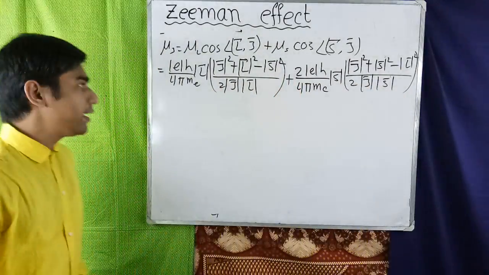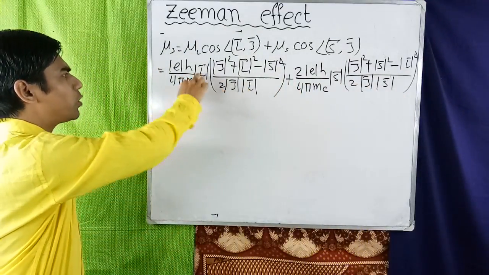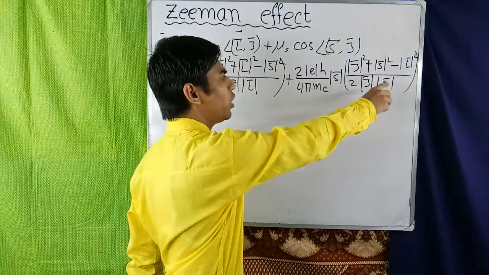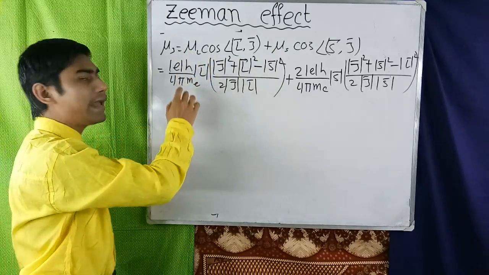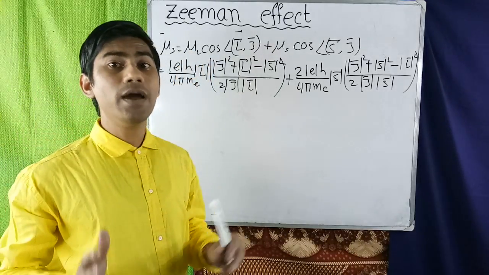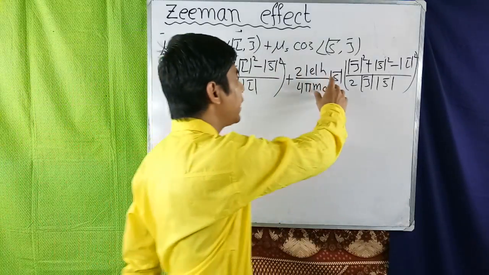Now here modulus of L will be cancelled, and here modulus of S will be cancelled. Here, both numerator and denominator we multiply by modulus of J, and here also.